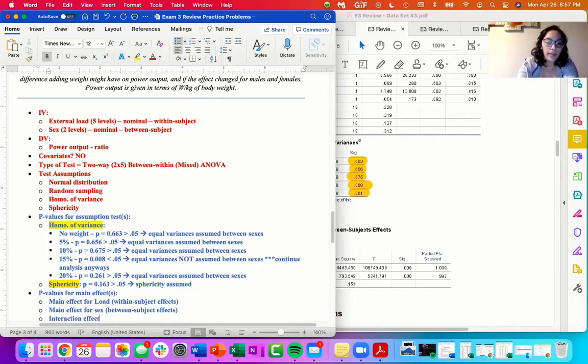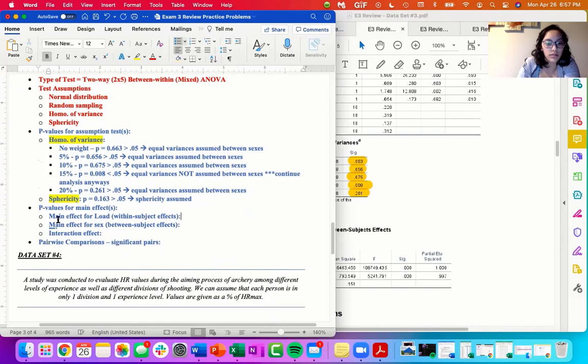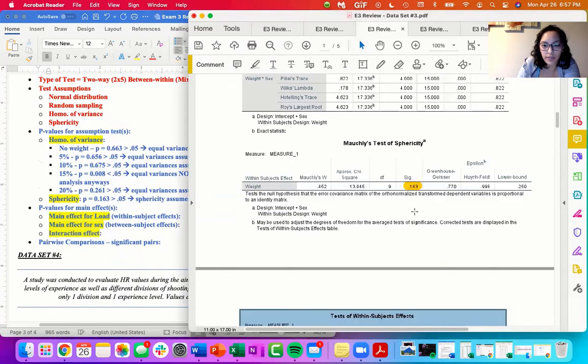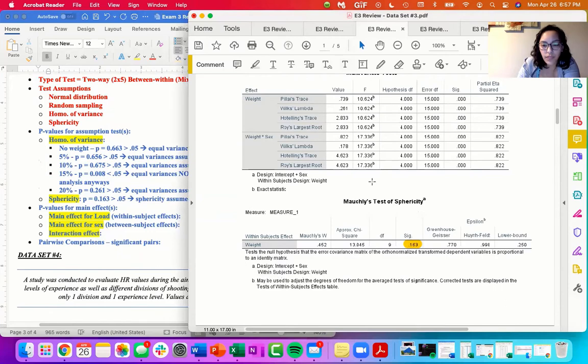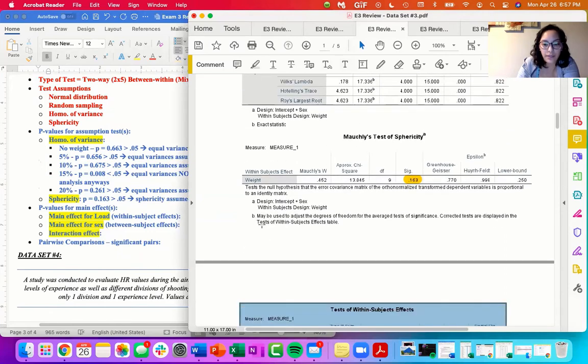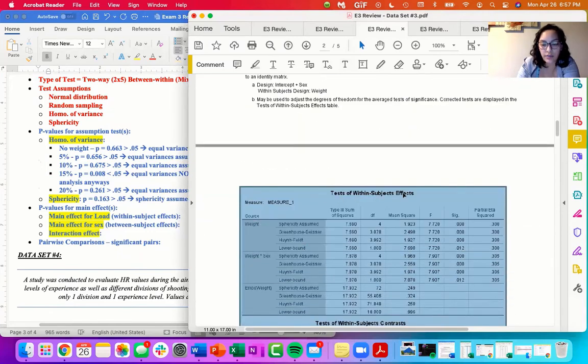Okay, so three effects should be listed for two-way ANOVAs. I'll highlight these so that they stand out. And then let's look at their p-values. So Mauchly's test tells us we're in the within subject range. We can see test of within subjects here.